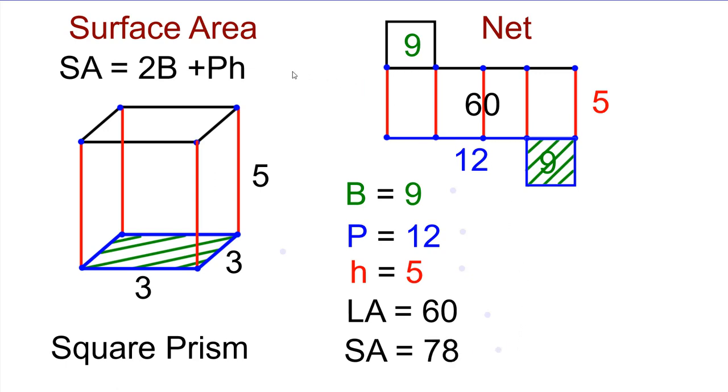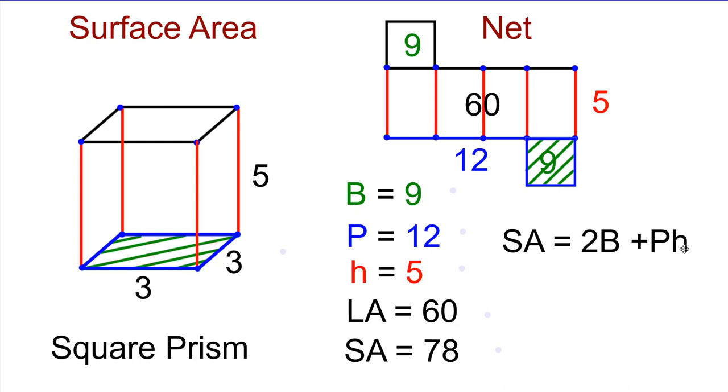So let's look at our formula. The formula for the surface area of a prism is 2 times the base, right? Because we have 2 bases, plus the lateral area. And the way we find the lateral area is the perimeter of the base. This blue line, the perimeter of the base, is the same as this blue 12 right here, because it wraps all the way around.